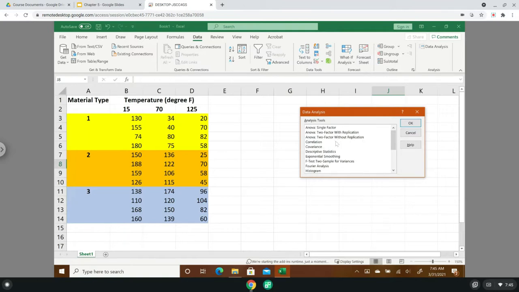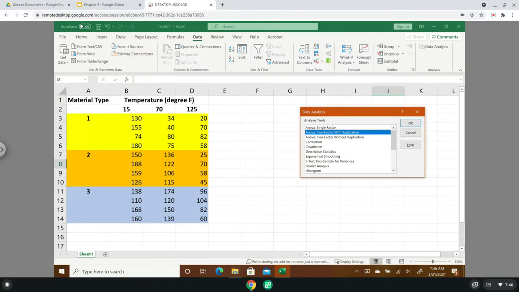Without replication means the experiments are not repeated more than once at the same setting. There is a sample size of one, but in our case we do have replication. We performed four experiments at the same setting. Our sample size is four, so we have two factor with replication. So I'm going to select that.